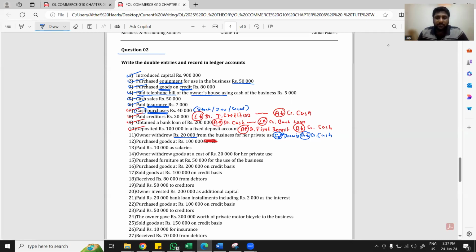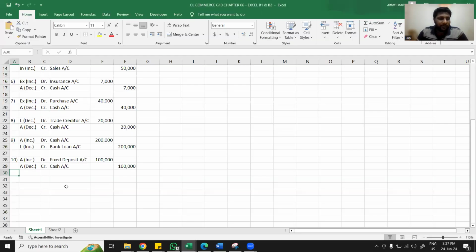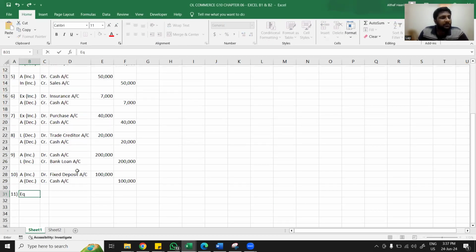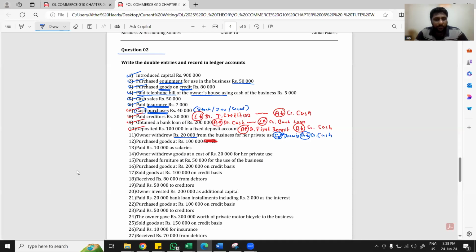So now let's prepare the accounts and write the entries first, the 11th one. From one side, your equity is decreasing: drawings, the value is 20,000.